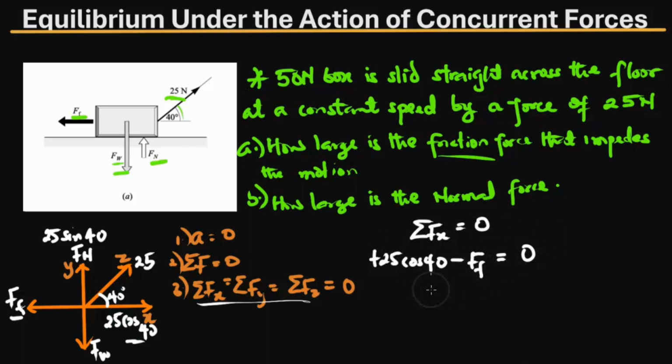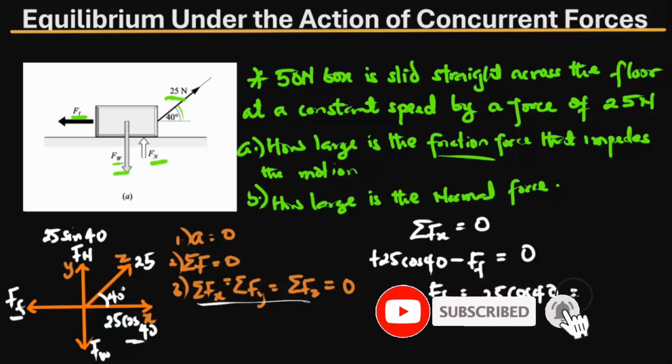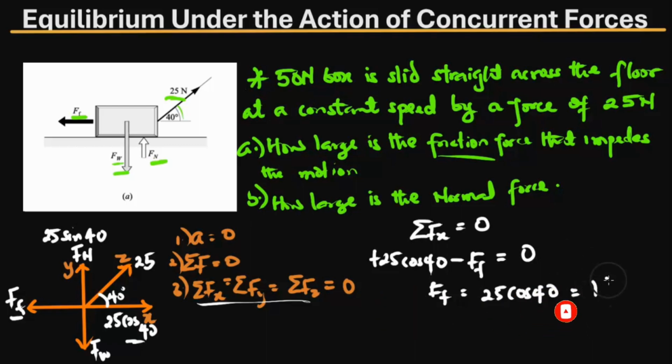That means the frictional force is equal to 25 cos 40. When we type that in our calculator, we have 19.2 Newton. And how large is the friction force? This is the answer to that question. The friction force is 19.2 Newton.